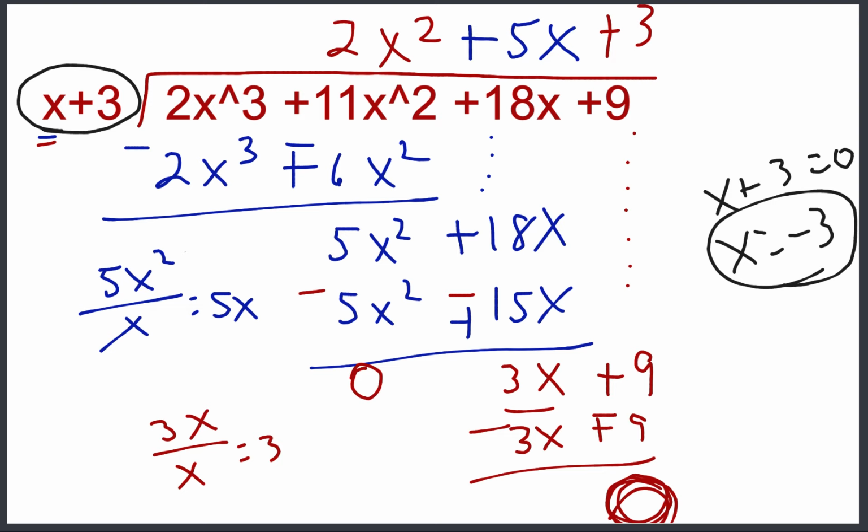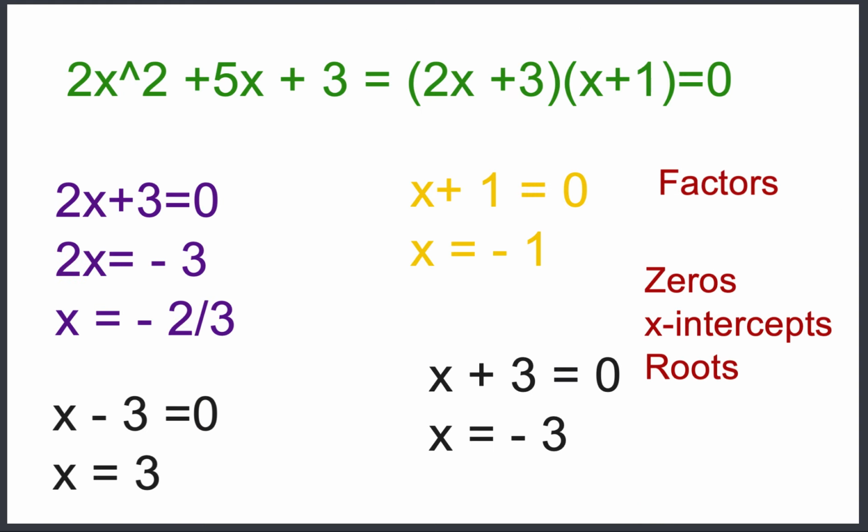So let's take that one step further. Did you know that this answer right here, 2x squared plus 5x plus 3, factors? It does. 2x squared plus 5x plus 3 factors into 2x plus 3 times x plus 1.